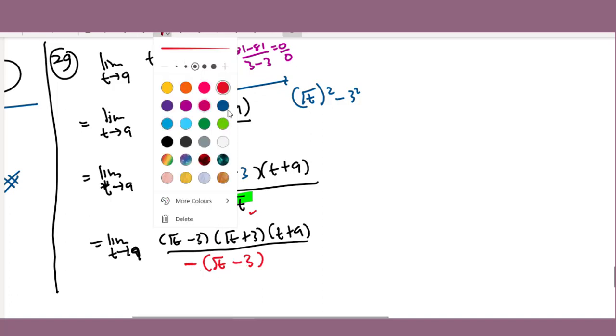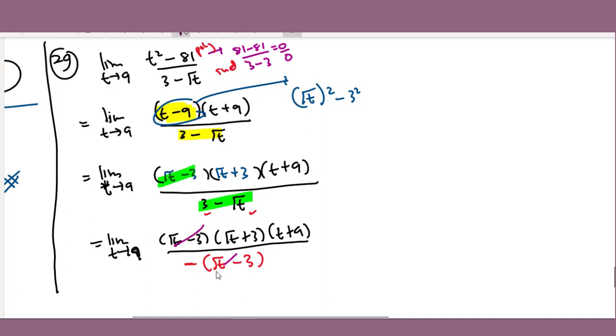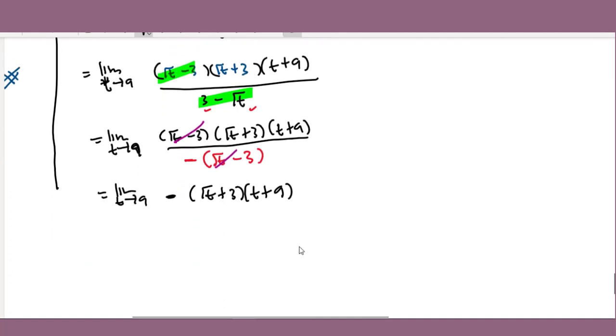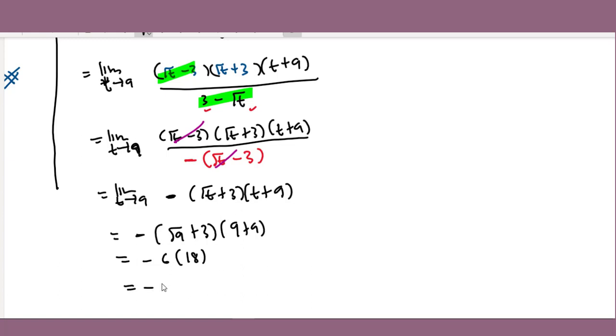So now we can cancel this one. Okay, cancel, and write down the simplest form before you substitute: negative, negative root t plus 3, t plus 9. Okay, next step, substitute. Negative square root 9 plus 3, 9 plus 9. So here is 3 plus 3, 6, 18. 6 times 18 is 108.